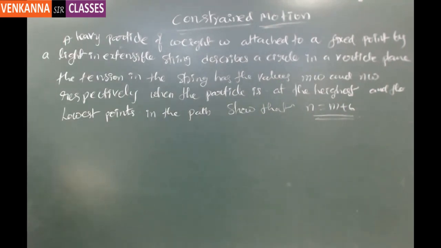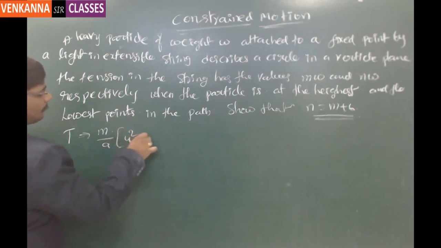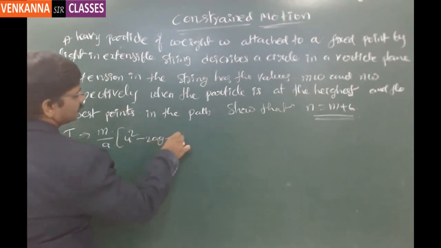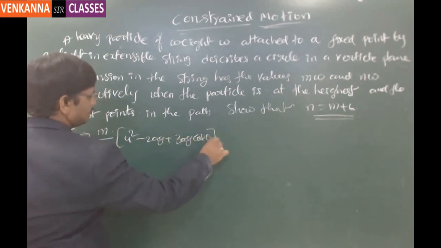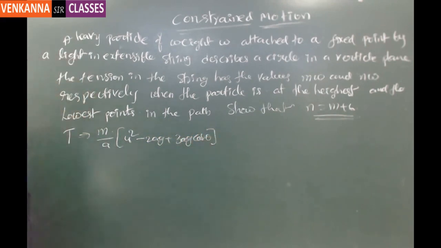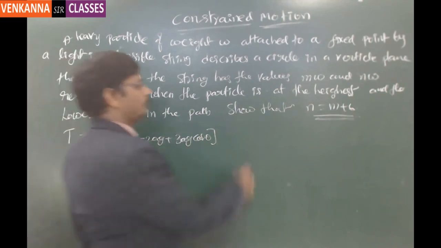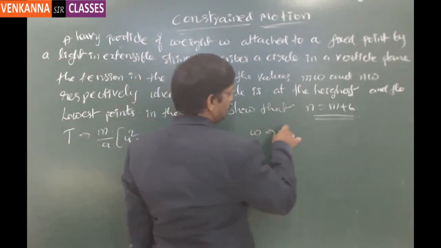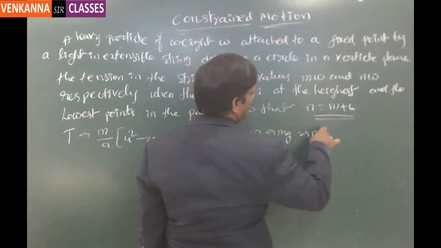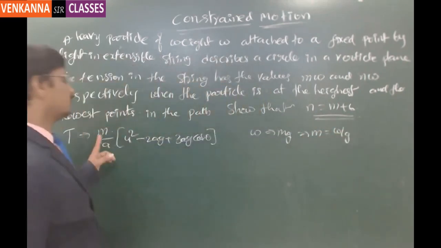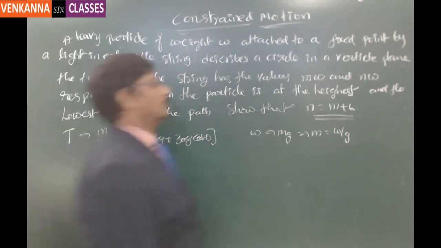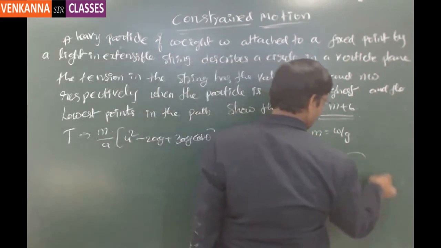Okay, so let me solve it. The tension relation is m by a times u square minus 2ag plus 3ag cos theta. Now here he has given the weight, so weight is equal to mg, or m can be written as W by g, because we need the m value rather than the W. This is moving in a vertical circle like this.